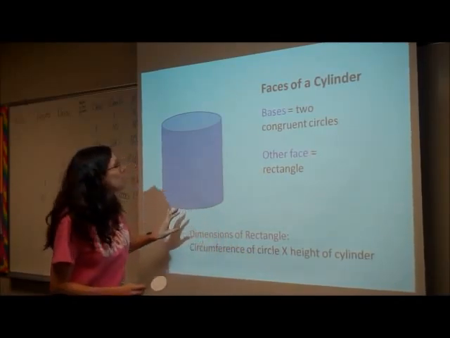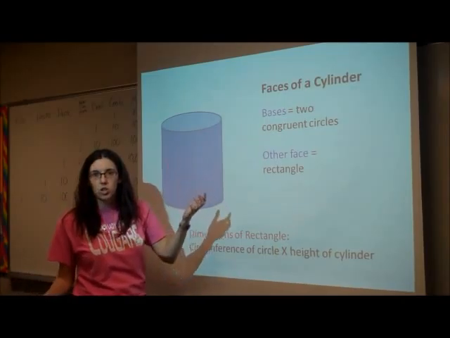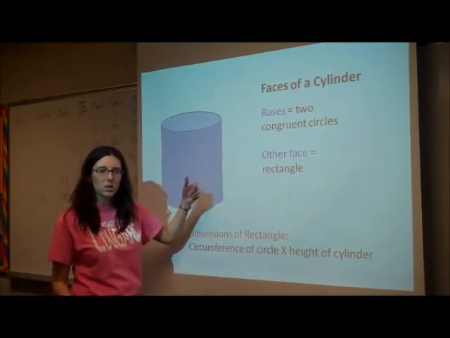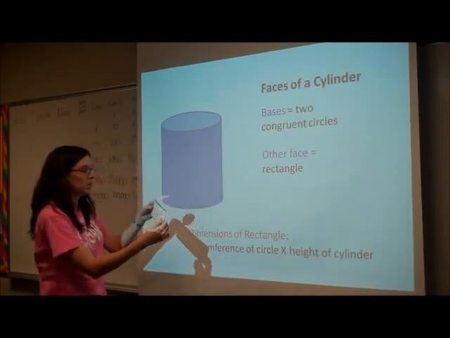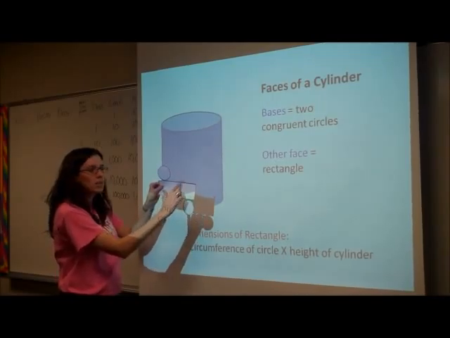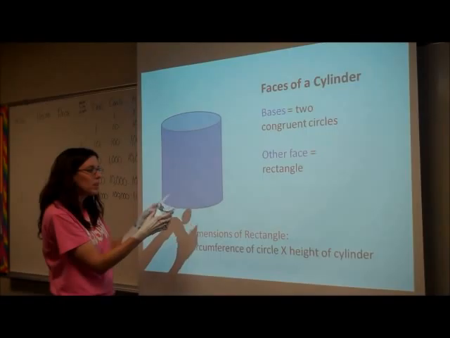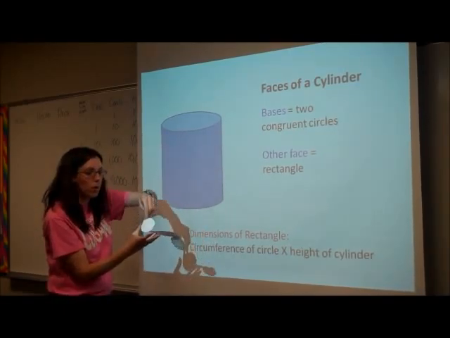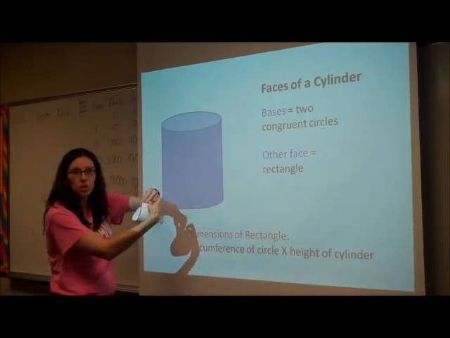Now, you'll do pretty easily with finding the area of the circles because you know that it's pi times the radius squared. But for this rectangle, sometimes people have trouble remembering what the other dimension is. They know that this is the height of the cylinder, which is usually given to you, but then they don't know how long this edge will be. You need to remember that that edge is what wraps around that circle.